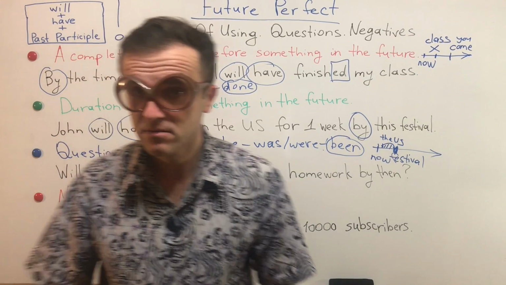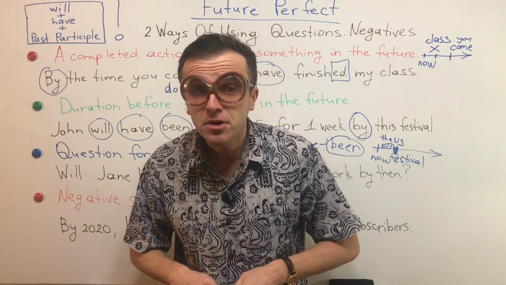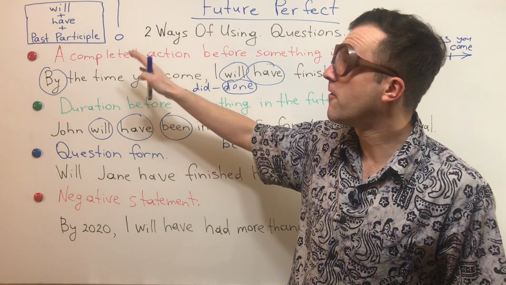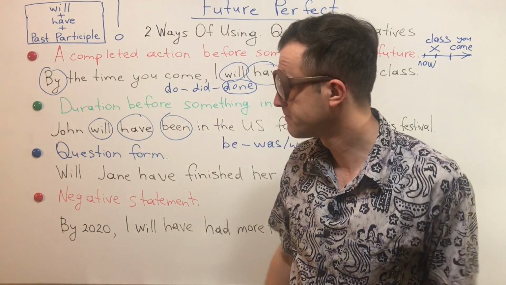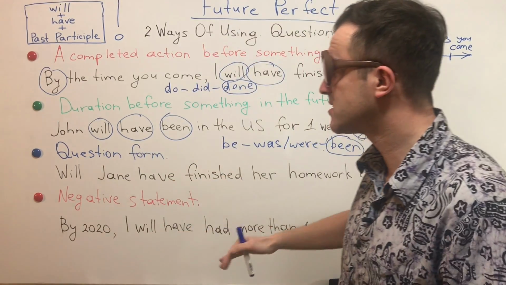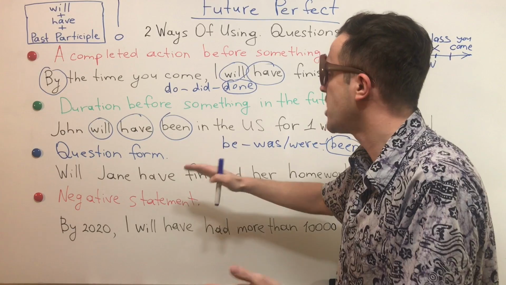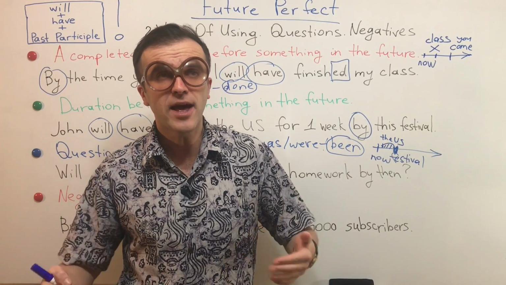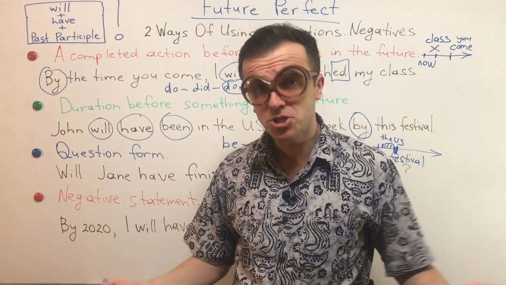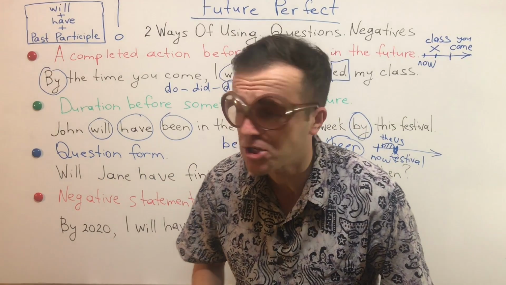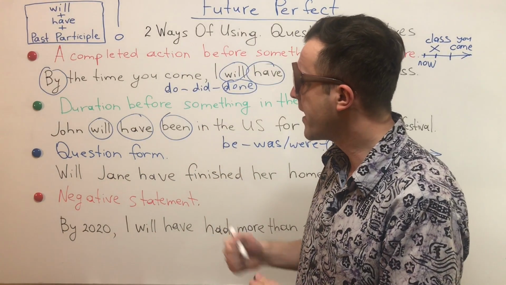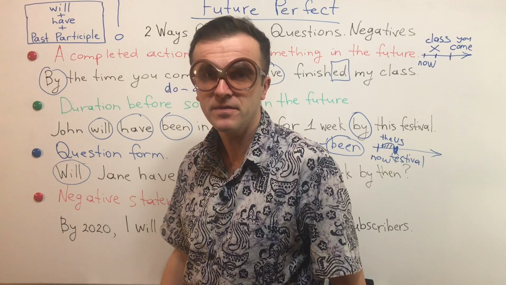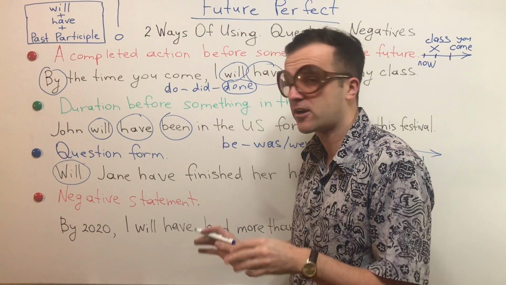Alright? Good. So now I am going to teach you how to make a question form by means of the future perfect. So imagine that there is a statement: Jane will have finished her homework by that time, or by then. You have to make up a general question. How can you make up a general question? You just put will in the first place. Only the first element of the compound predicate.